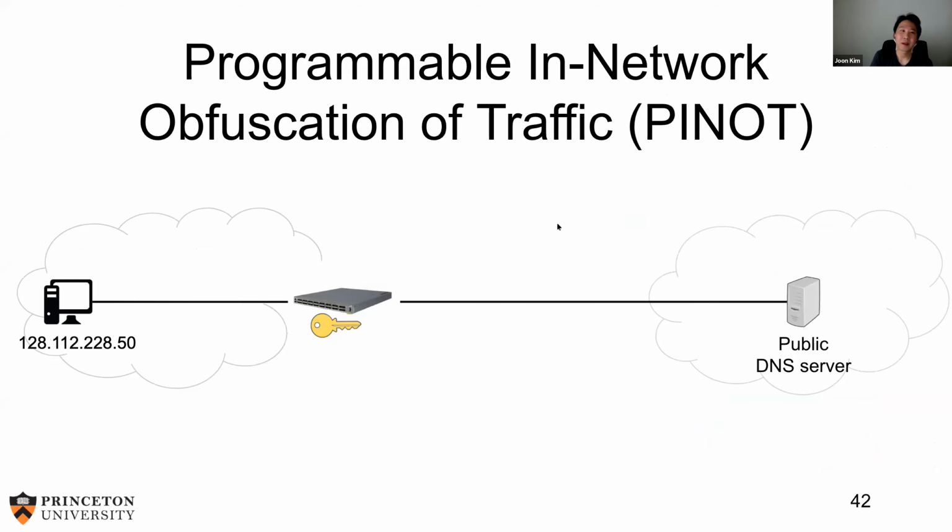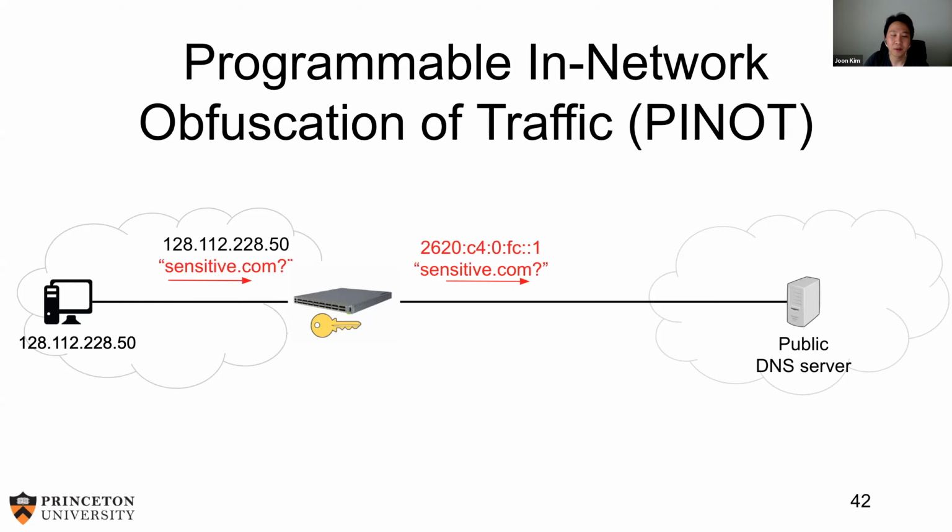So PINOT is a programmable in-network obfuscation of traffic. What that means is we'll have a switch with a P4 data plane in our network. When the query goes out, it will use encryption with a key to change the source IP address to a different one and send it to the public DNS server.